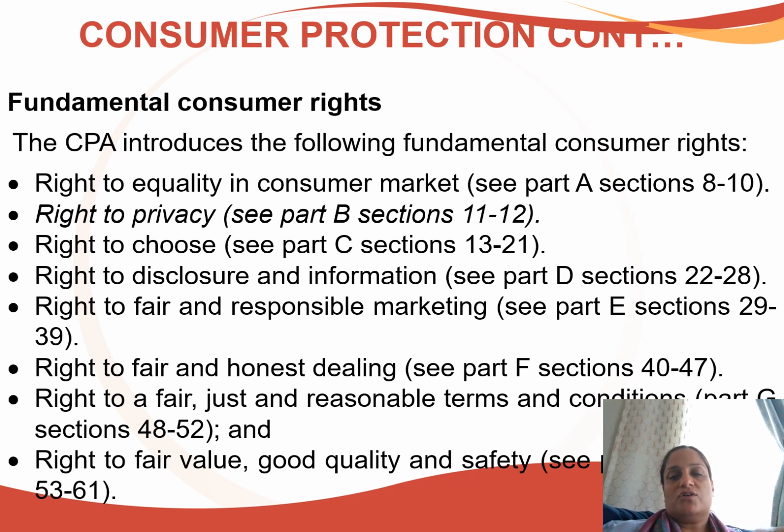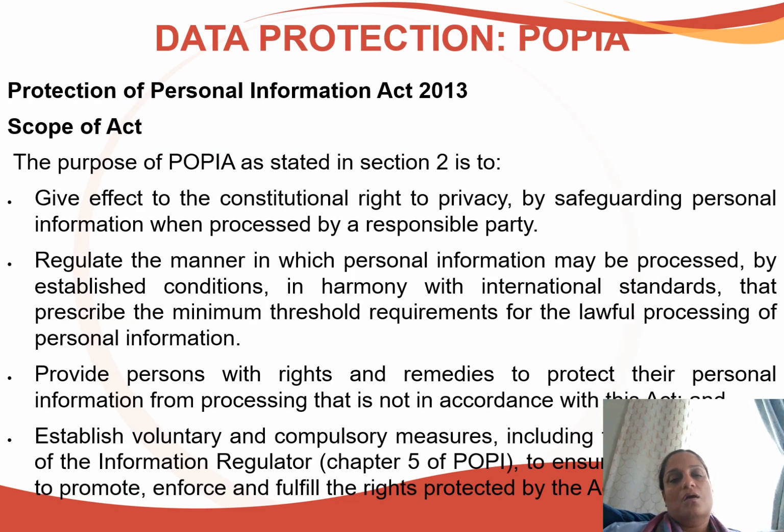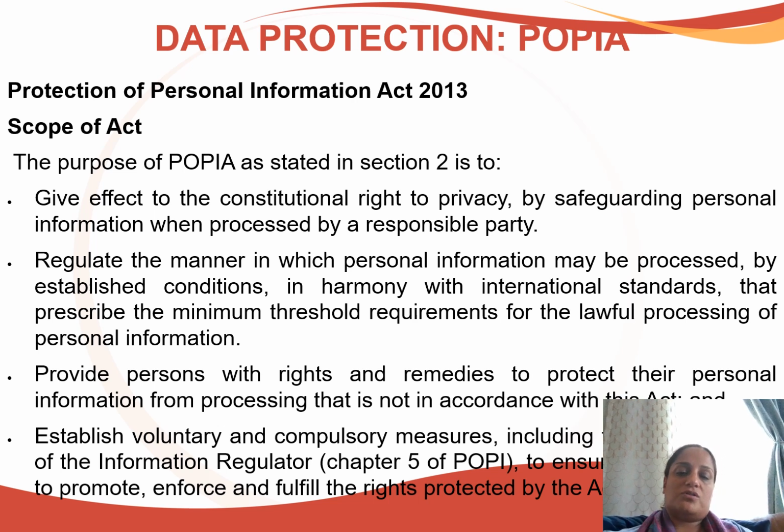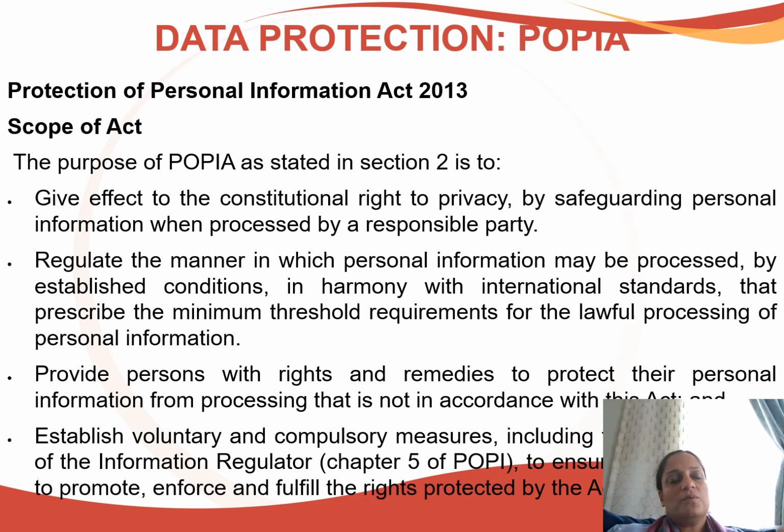Also, these are very specific things that the CPA introduces. And in addition to the CPA, which has introduced quite a few things, we now have also the protection of personal information. And that's really to stop people from misusing or collecting information and then utilizing it, repackaging and selling it.